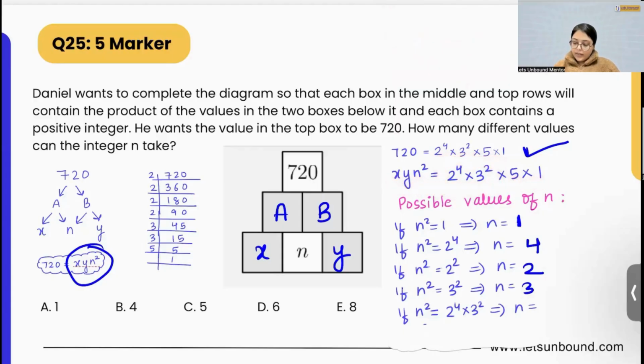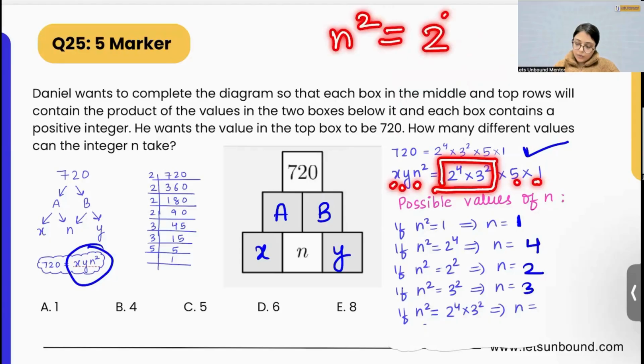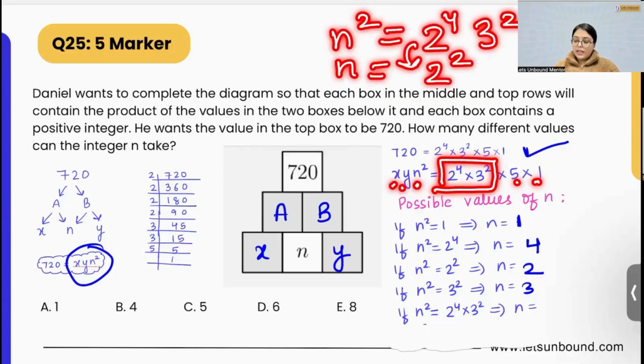So n square is 2 raised to 4 and 3 raised to 2. What will be the root of this? Just reduce the power by 2. So it will be 4 divided by 2, which is 2, and from here it will be just 3, so it's going to be 12. So n is 12.